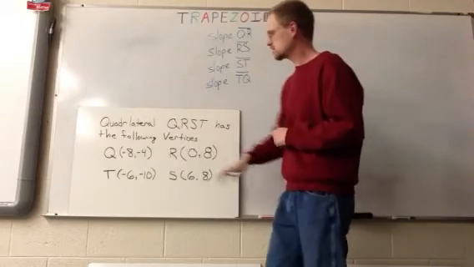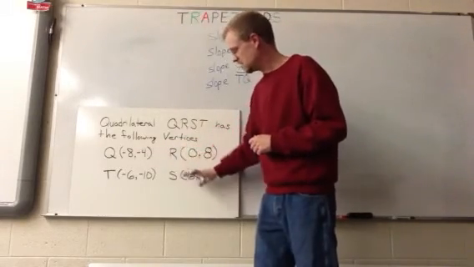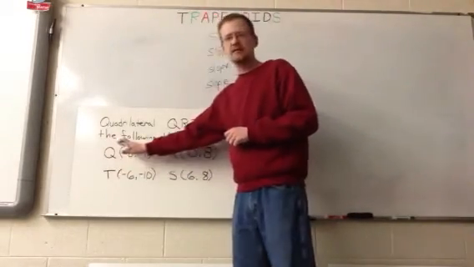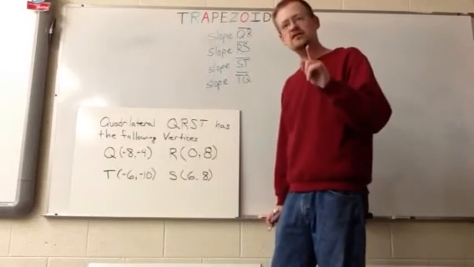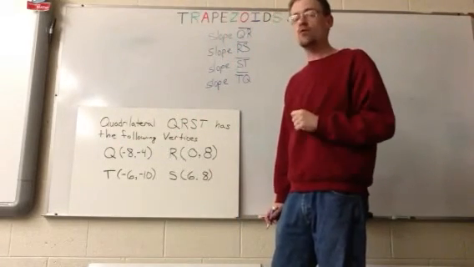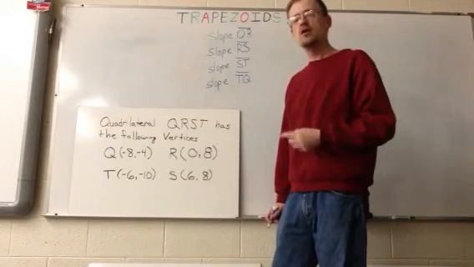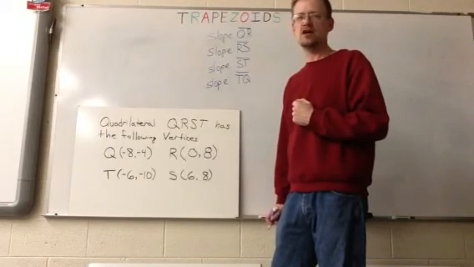That is the slope of this line, this line, this line, and that line. Find the slopes. You should get one set of parallel slopes. We'll look at the test for isosceles on the next video.